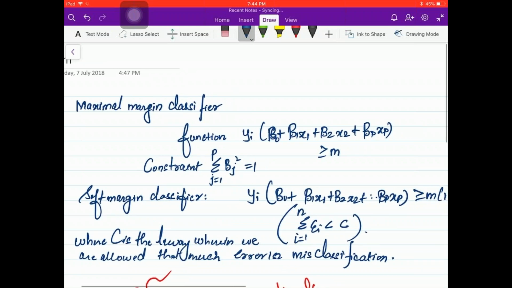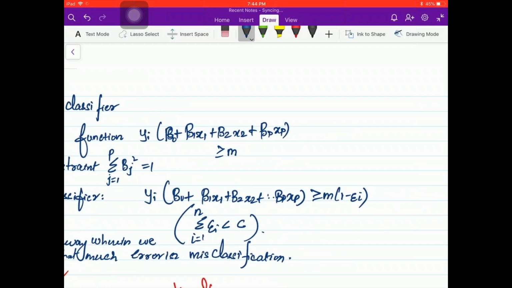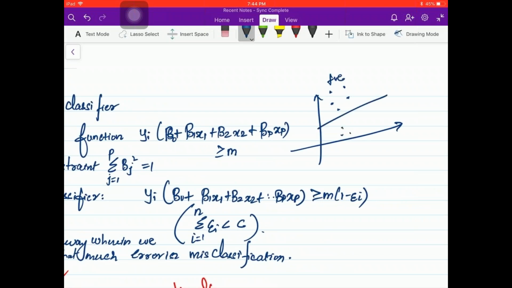I'll go very slowly on this. Try to understand this properly. Suppose there are two classes, positive and negative. Now I have a line, which is kind of B naught.